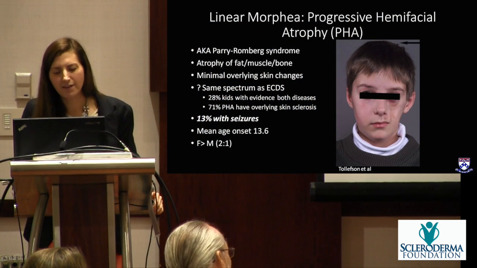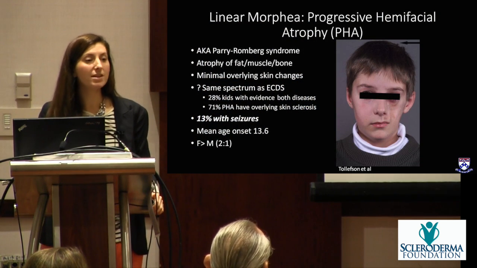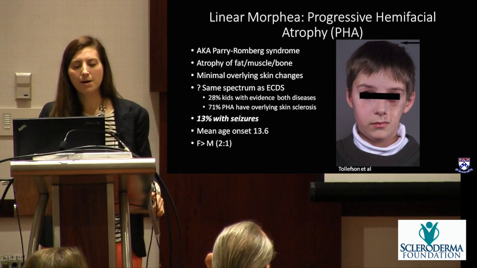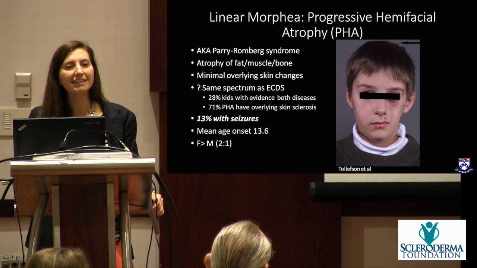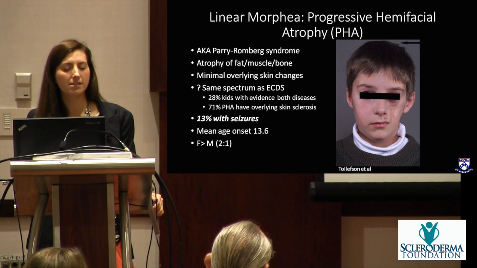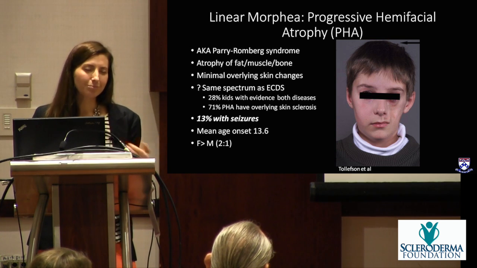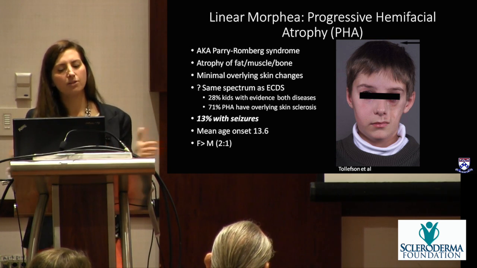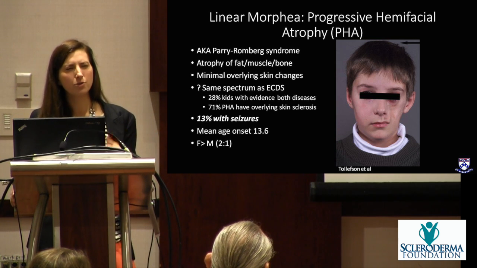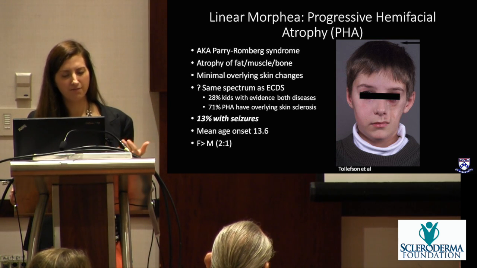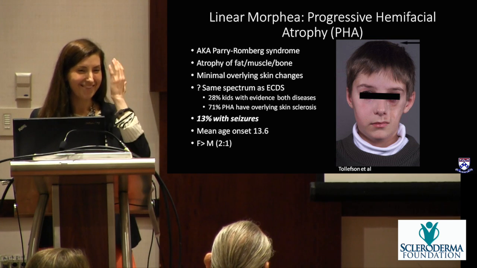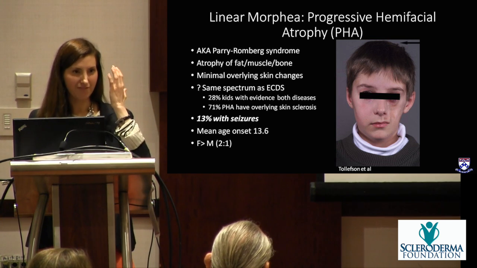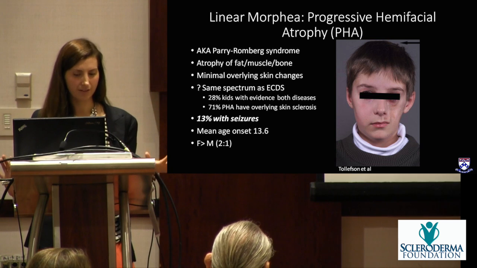So what is progressive hemifacial atrophy? So this is predominantly in children. This is atrophy of the fat, muscle, or bone, but classically with minimal overlying skin change. Some people, including myself, find this to be a spectrum of en coup de sabre. There's one study looking at kids, and actually they found 28% of kids had evidence of both diseases, meaning the atrophy of the face, but also en coup de sabre in a different location.